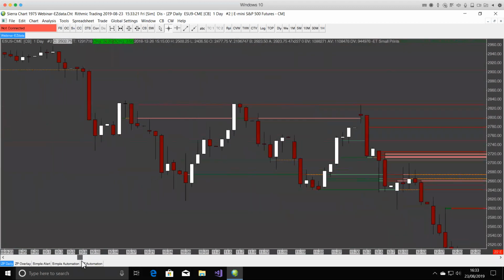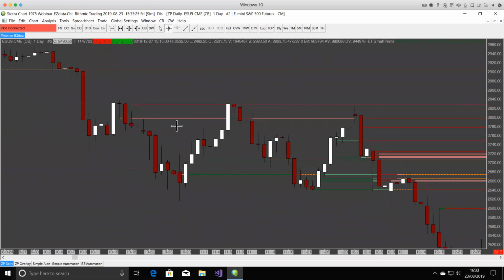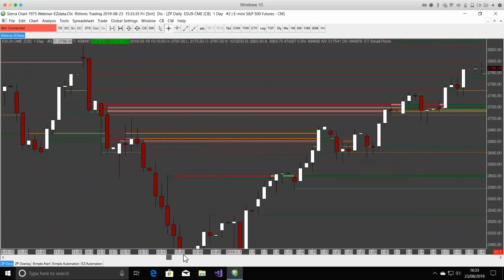Now, what gets really interesting when you start to use this, especially with the dynamic cycles, is how they hold over time after more than one cycle. You're not going to see them holding on this daily chart.